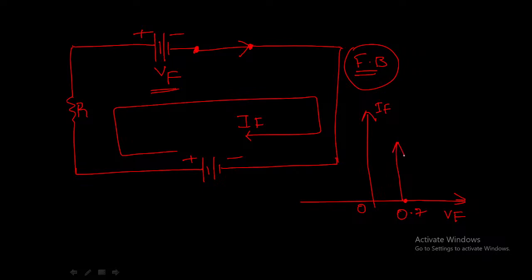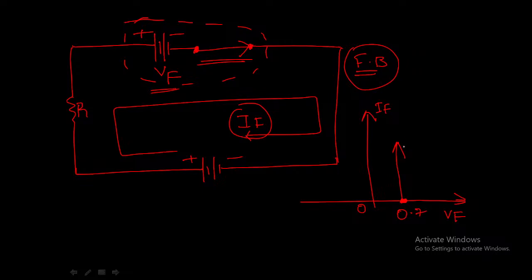When Vf is equal to 0.7 volts, the current will pass through this diode. The entire current will pass through the diode. There is no resistance at all, which is why the graph is straight. In this particular portion, there is no resistance offered to the current flowing through the diode.